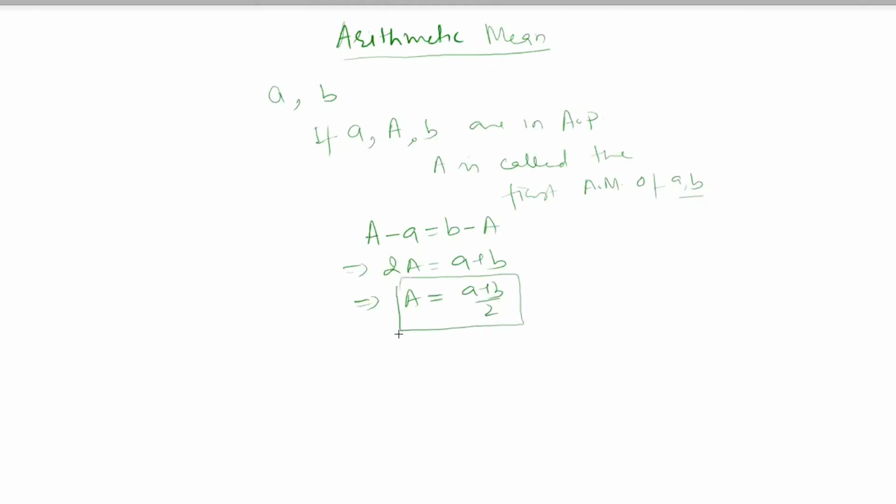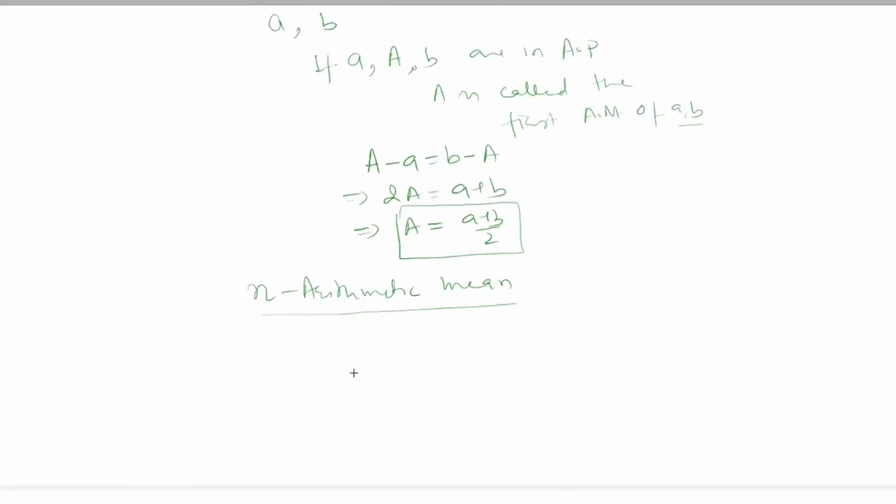Then we talked about n arithmetic means. Instead of inserting 1, you can insert n numbers in between these two numbers and make them an AP. So we say that A, A1, A2, up to AN, comma B are in AP.